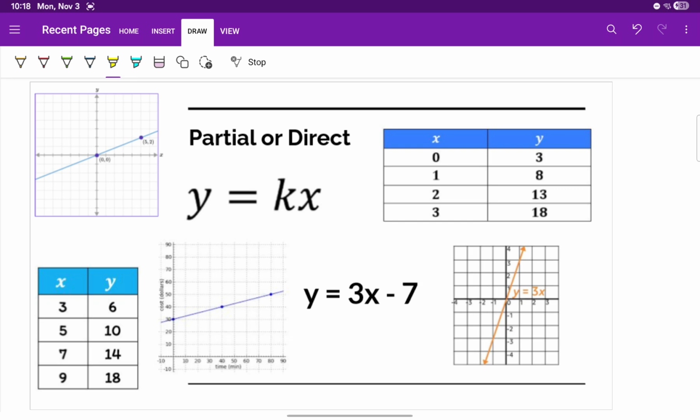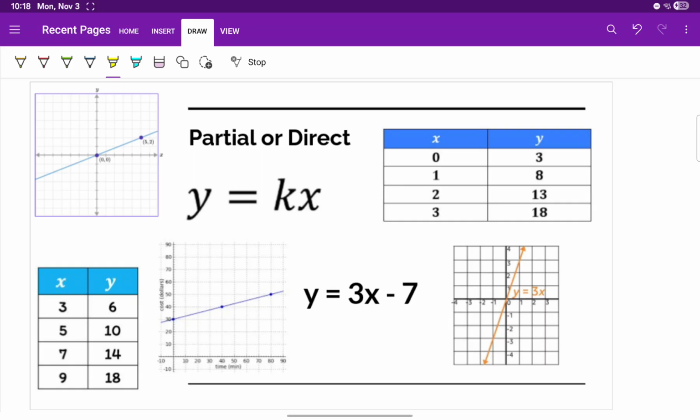Okay, what I'm noticing about your homework sheet is that it does not ask you any questions about partial versus direct.